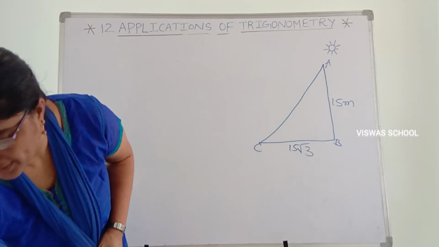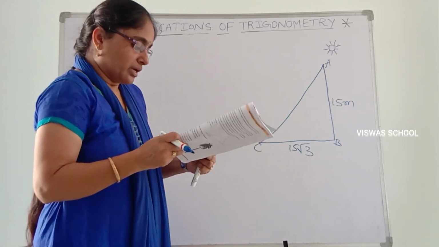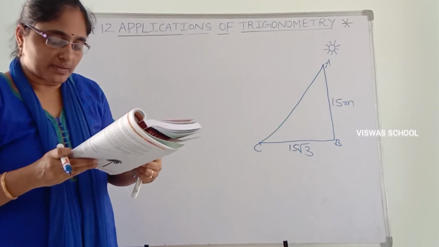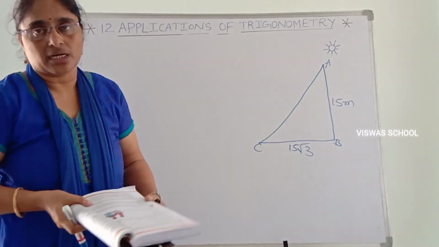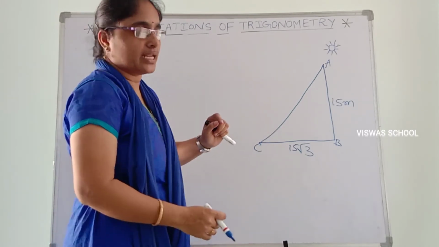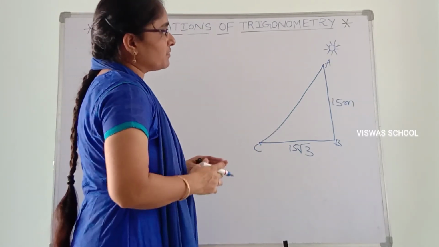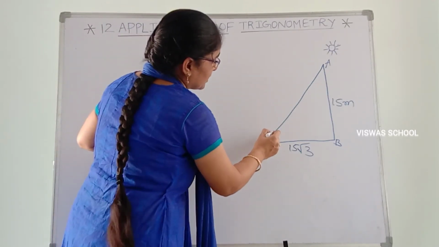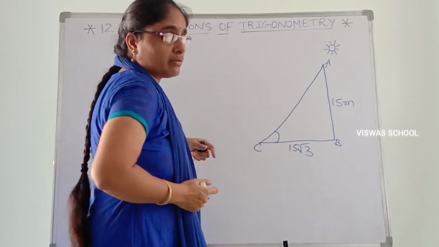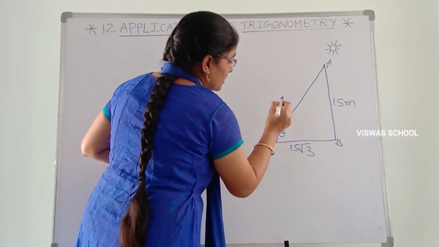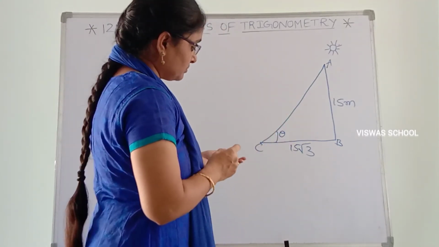And we want to find what is the angle of elevation of the sun rays with the ground at the time. That is, we want to find the angle of elevation. By observing this, I am taking this as the angle here. Here I am taking that angle as theta.